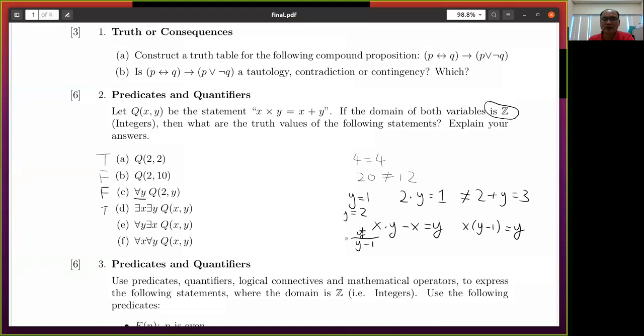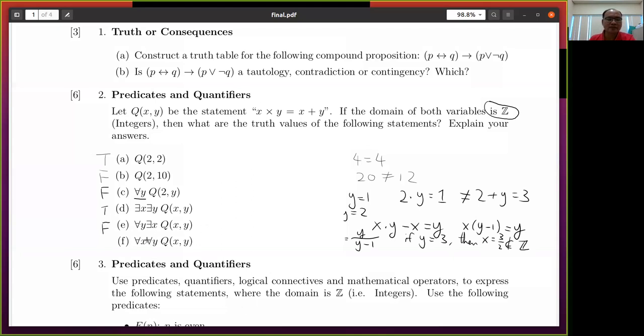So when y is 3, you cannot find the correct x that makes it work. There are many other values of y that make x not legal. For example, if y is 1, then you're trying to do 1 divided by 0, which is also not possible. So when y is 3, x equals 3/2, which is not an integer, so there does not exist an x that makes it work. So this is false.